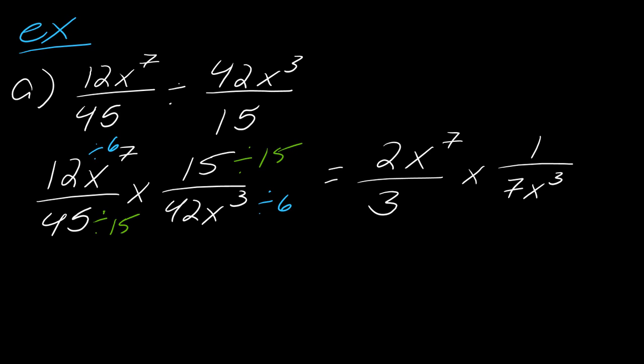Now that I have everything written out, I can see that I've properly canceled out the number part. The other part is I can still work with the exponents. I have more x's on top than on bottom, so I'm going to subtract 3 from this exponent and cancel out this x. Now I can multiply everything together. This becomes 2x to the 4th over 21. So we're good to go.